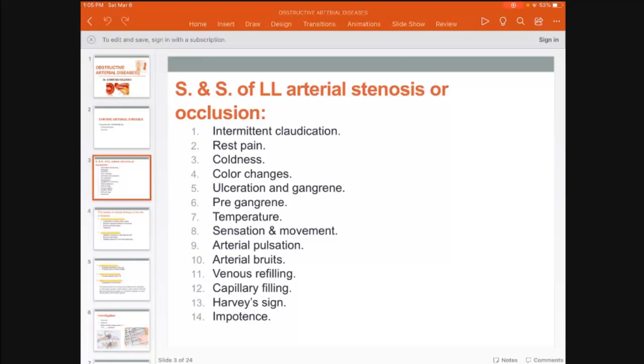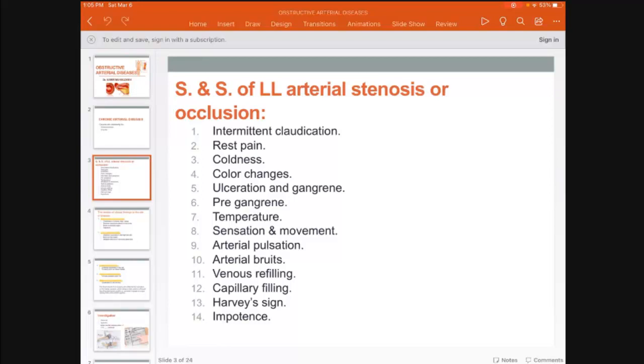If you remember from the last lecture, the 6 P's, it's very important to remember them as you remember your name. Besides that, the arterial pulsation will be either weak or maybe absent. Also, you may have an arterial bruit. This is when you put a stethoscope and hear a bruit, especially with an aneurysm or post-stenotic dilatation, or maybe an AV fistula.